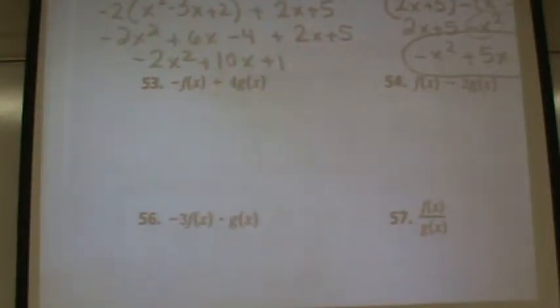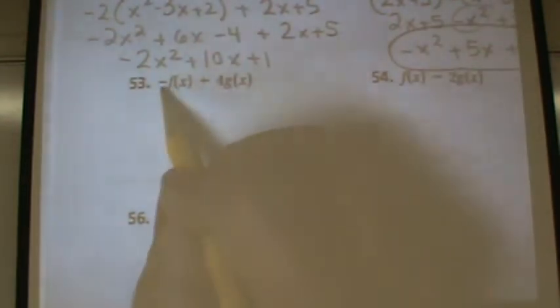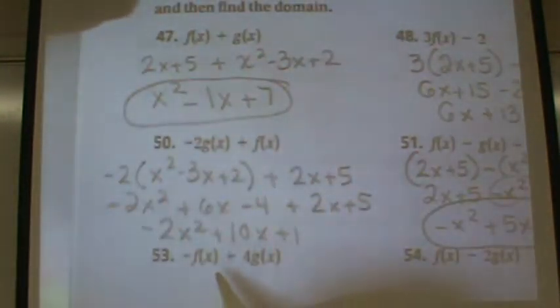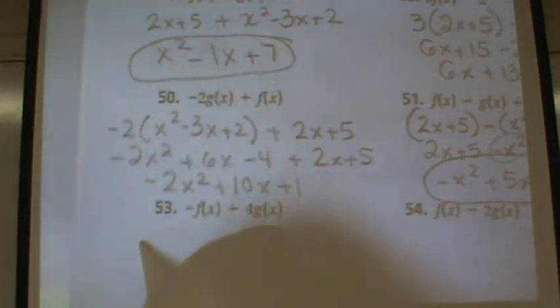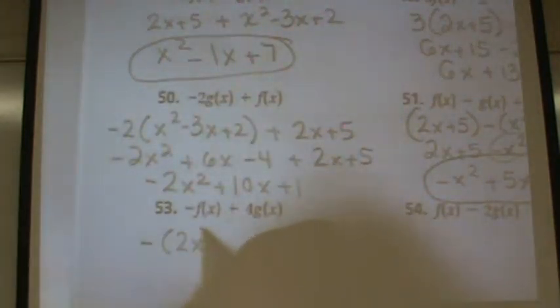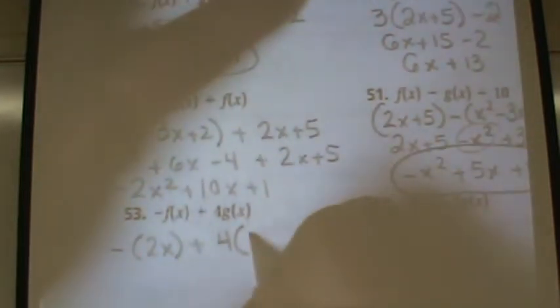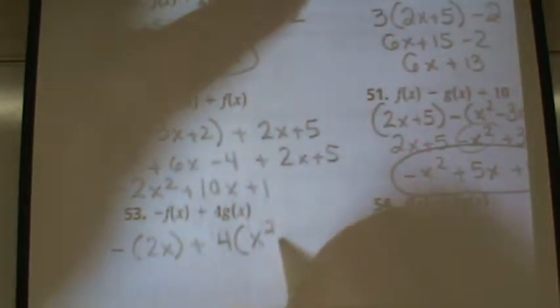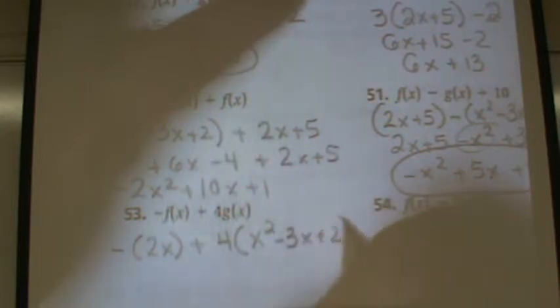Next one, 53. You're going to take the opposite of the f function. So in other words, multiply the f function by negative 1. So negative 1 times 2x, and then you're going to add 4 times the g function. 4 times x squared minus 3x plus 2.